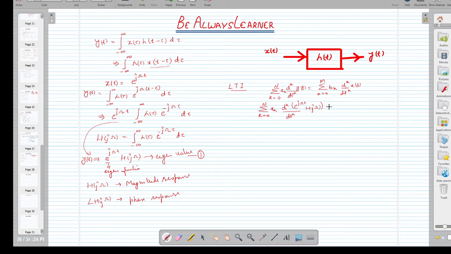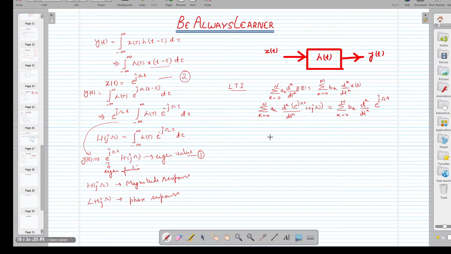So that is equal to summation k equal to 0 to M b_k, the kth derivative of x, where x is e raised to the power j omega t. By equation number 2 we can have it.